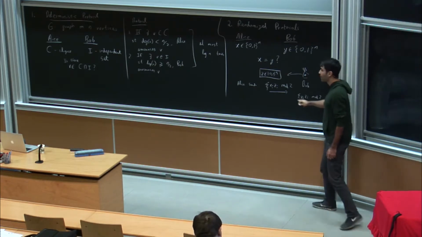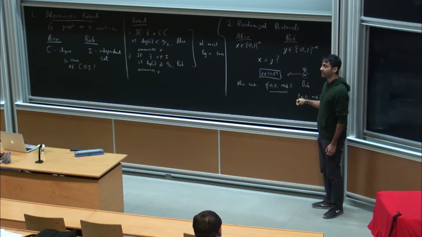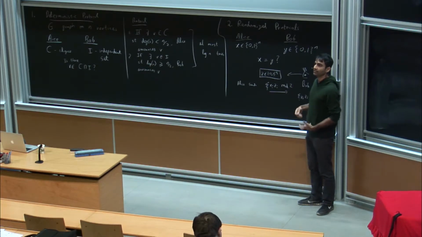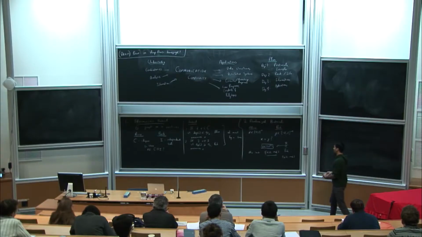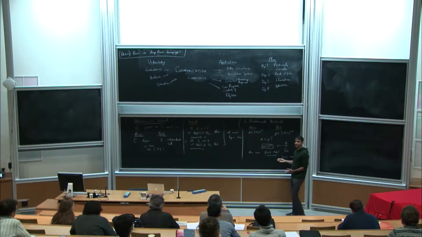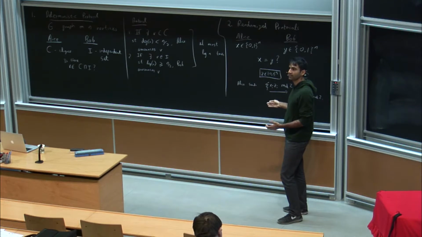If x and y are not the same, then these two bits will be independent, and so the probability that they will be equal is a half. If x and y are the same, then definitely these two bits will be the same. So by repeating this experiment 10 times, they can be very sure which case they're in.